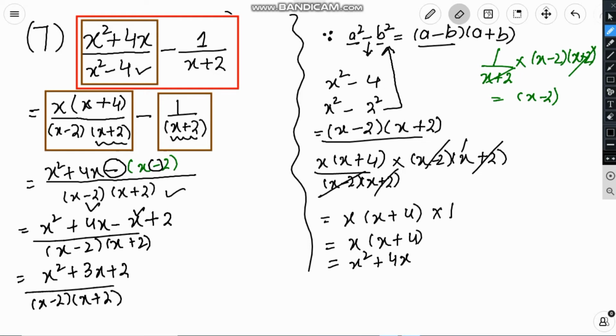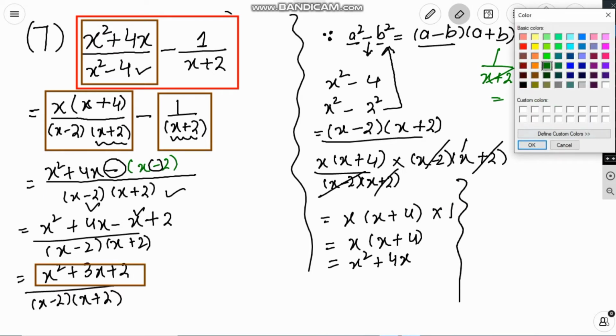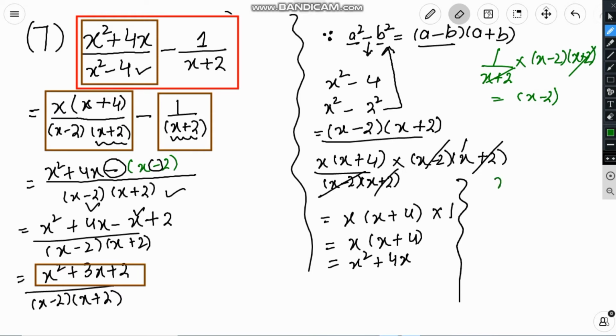In the numerator, you can see it becomes a second degree equation. So you can also factorize this equation, like you can write your equation separately, x square plus 3x plus 2.